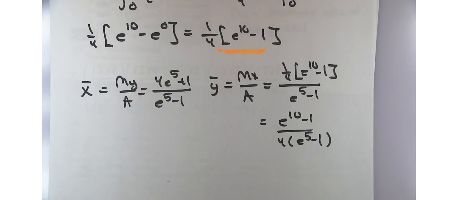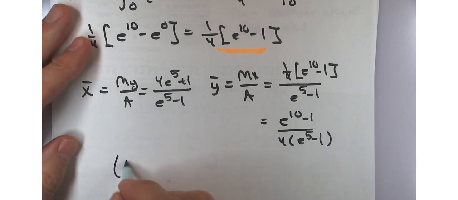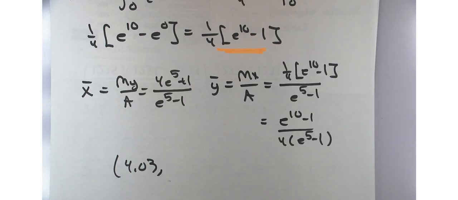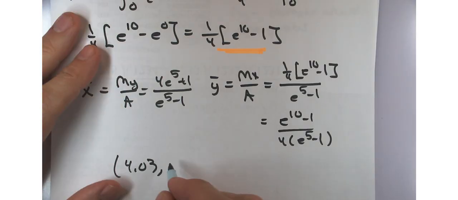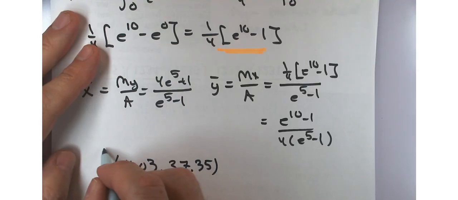Kind of ugly there. If you wanted to play around with these things a little bit, you can figure out that I think this is about 4.03, and the other one is 37.35. Some approximate decimal values.